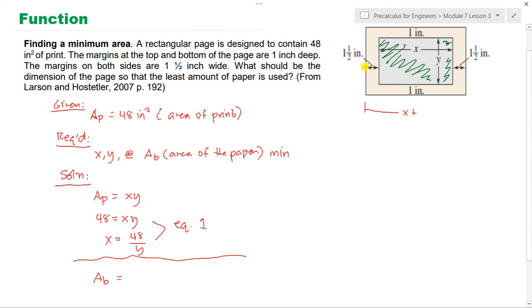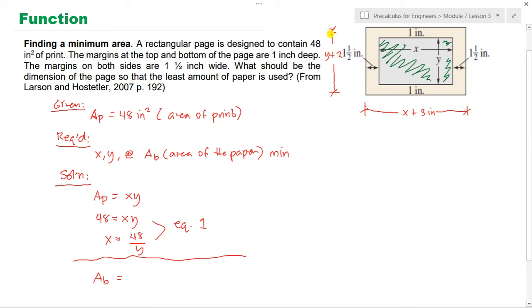Pila may margin in all? Ang 1 side is 1.5, so that is 1.5 times 2, is equals to 3 inches na siya. So ang dimension sa papel kay x plus 3 inches, then iyang length kay y plus twice the margin, that is 1 inch, so 2 inch, so that is y plus 2.